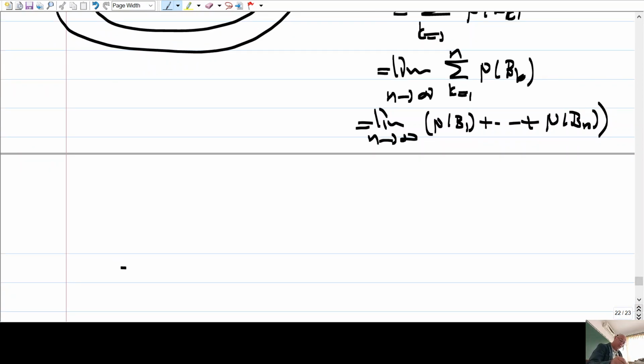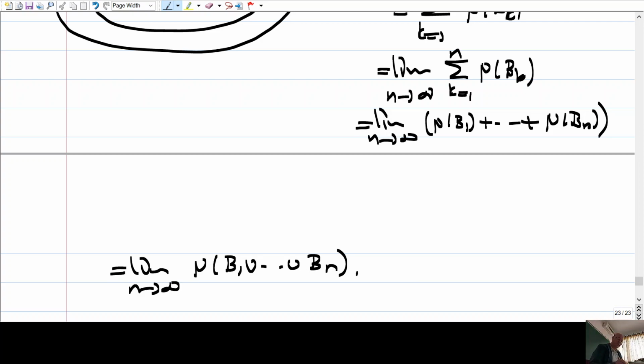Therefore, this summation is equal to the measure of the union, since the Bi's are disjoint.